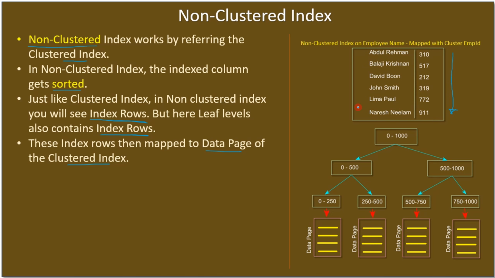But in a big database, if there are 20 million records, then you will be seeing a tree-like structure, and the index will perform tree traversal, and each node will have data like this, the non-clustered column and mapped index column.